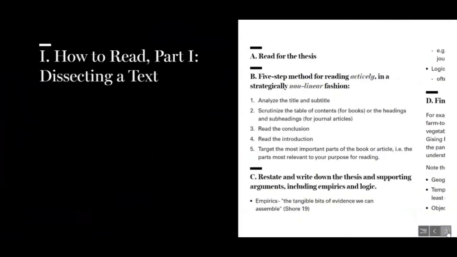Now, the context of this section is that when you're writing academically, you have to read a lot in order to write anything at all, because as we have discussed before, academic writing is characterized by the way that it responds to previous knowledge. So when you write academically, you're not writing in a vacuum.